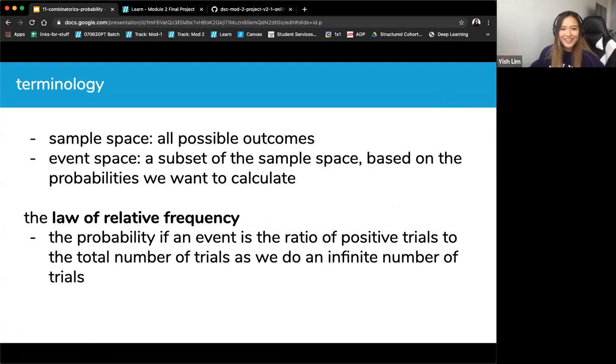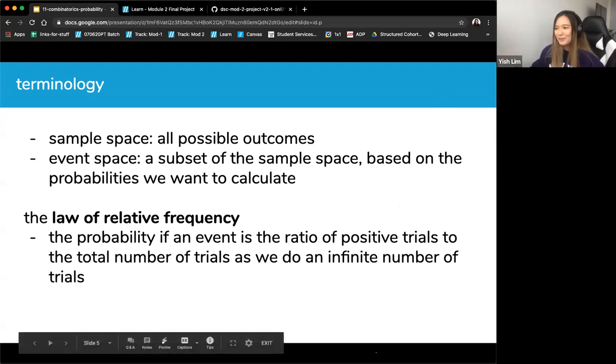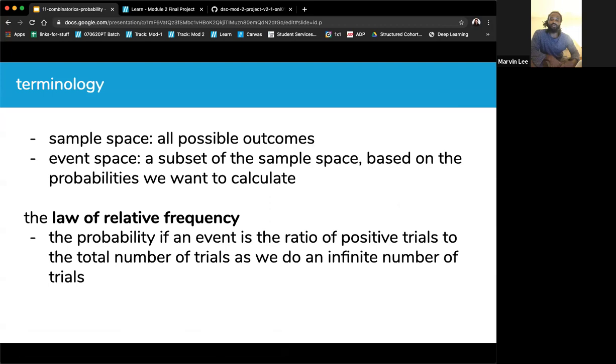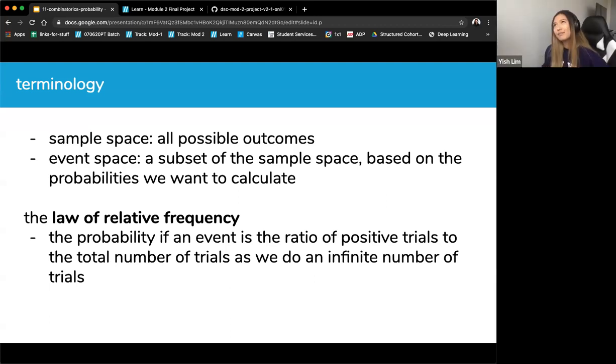Marv, you were saying something as well? Yeah, quick question. Would you say that all data science, or all machine learning models, is based on the law of relative frequency? I will say some of them are.